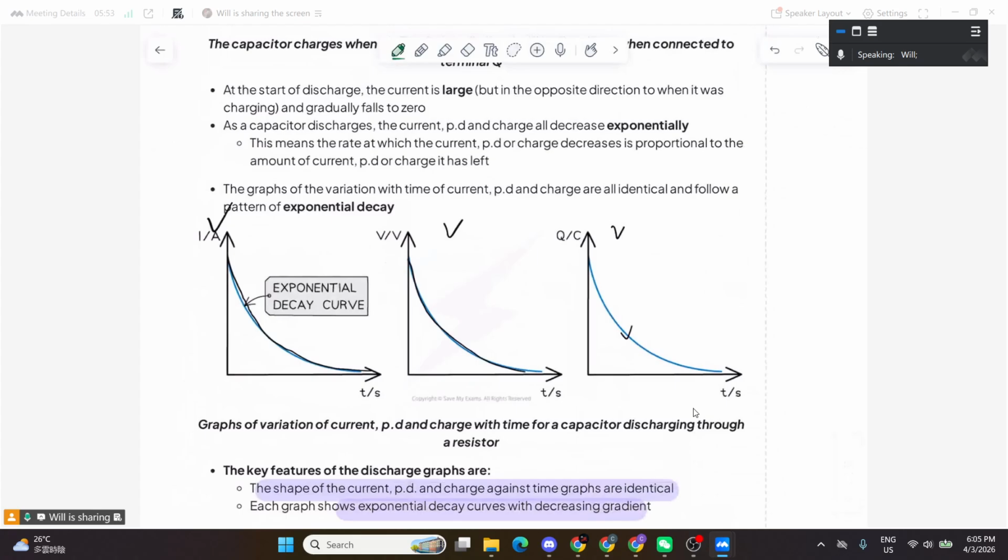The three graphs are related to the discharging process, and we can see the graphs of current, potential difference, and charge quantity are all exponential decay. Why exponential decay? Last lesson I told you, and you asked me the same question.